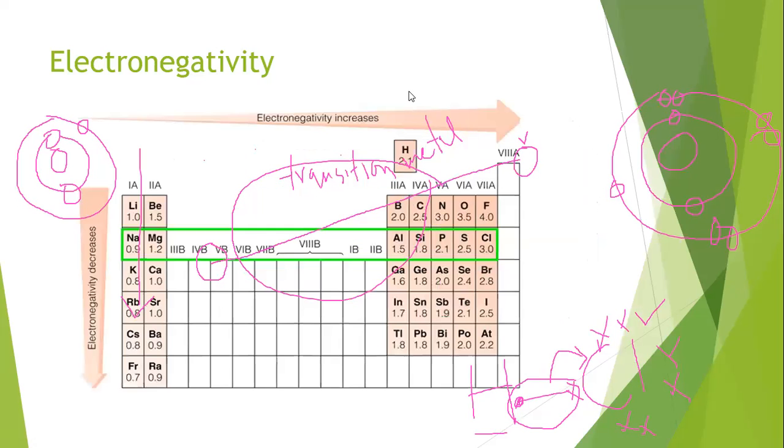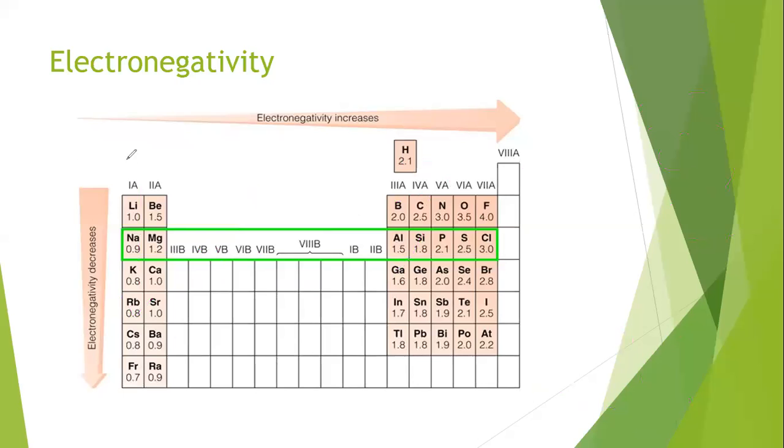Here you can see the values of electronegativity of s block elements and some p block elements. Fluorine has the highest value of electronegativity, that is 4. Other than 4, there is no higher value of electronegativity. The highest value of electronegativity is 4 and the lowest value is 0.7.